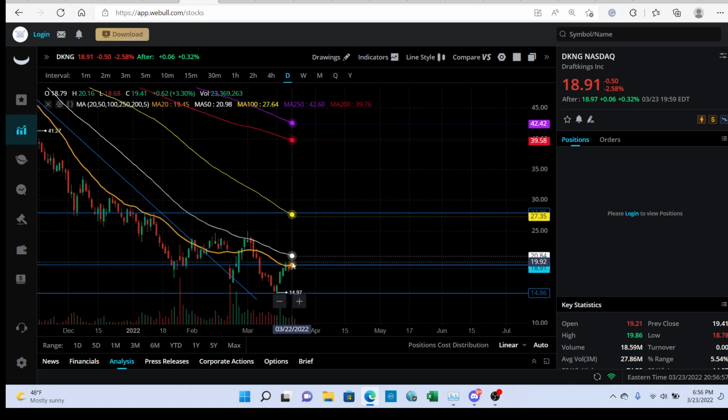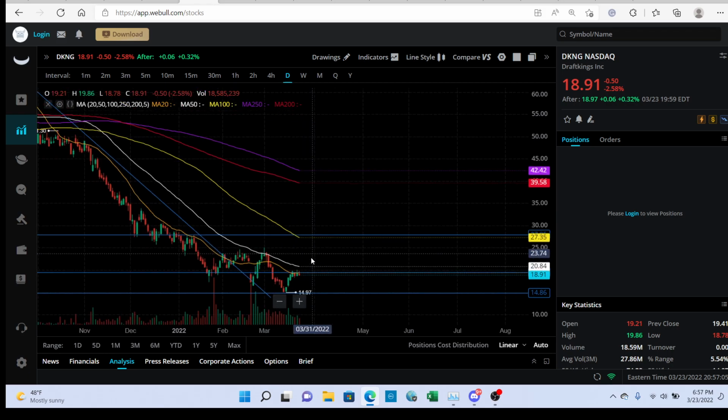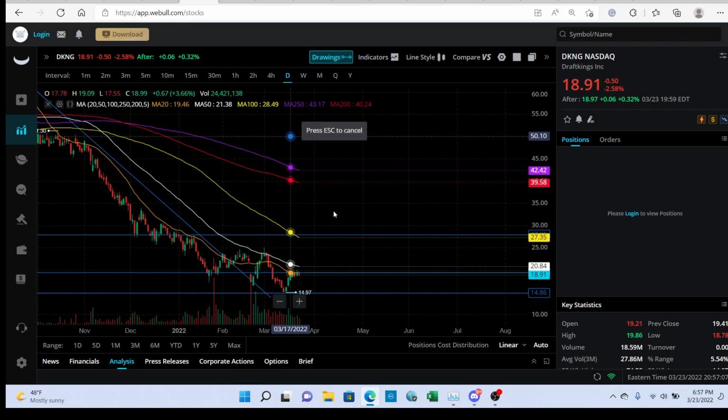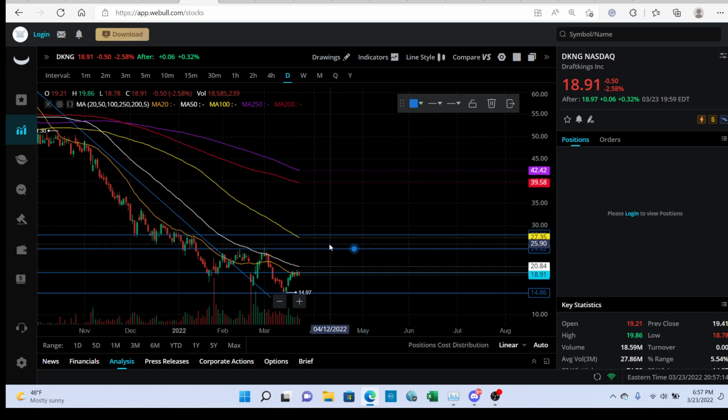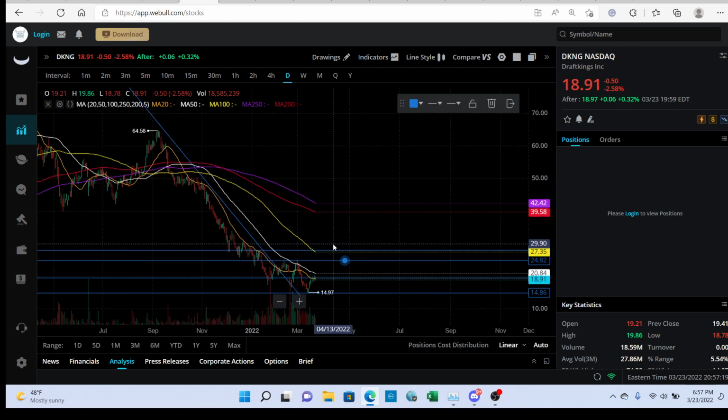So if we do manage to get above here, the next resistance will be at this 50-day moving average at 20.84. And if we do get above that, I will put the next resistance right around here at about 24.82.